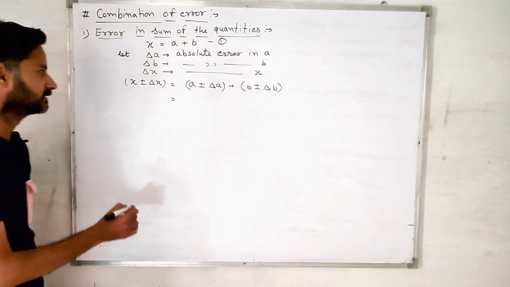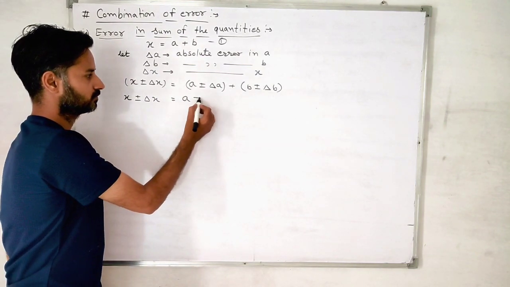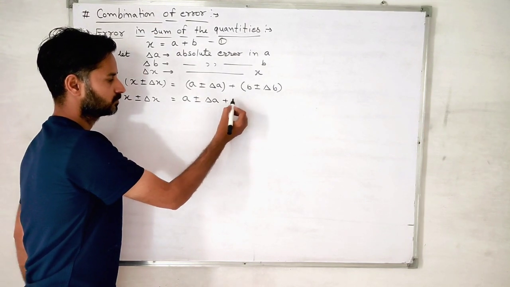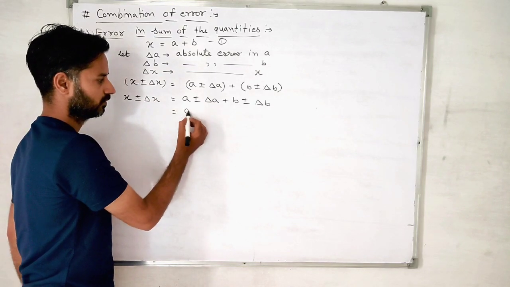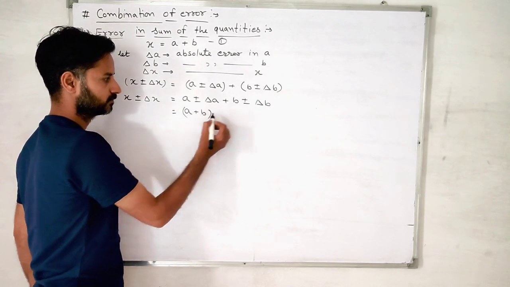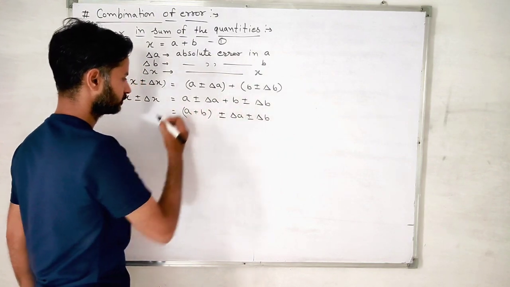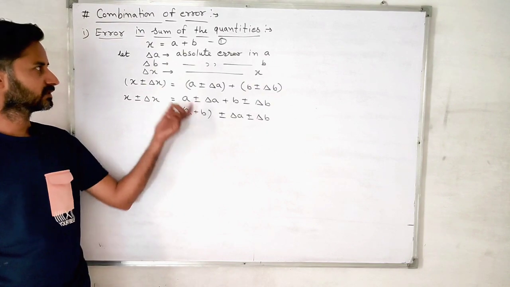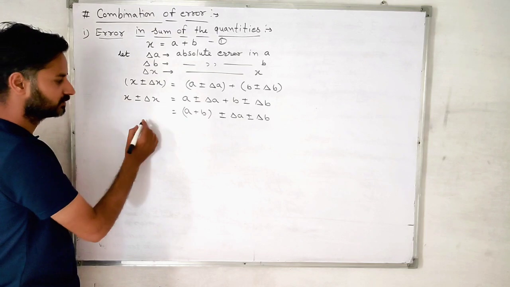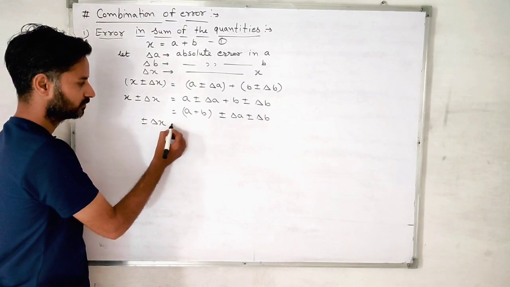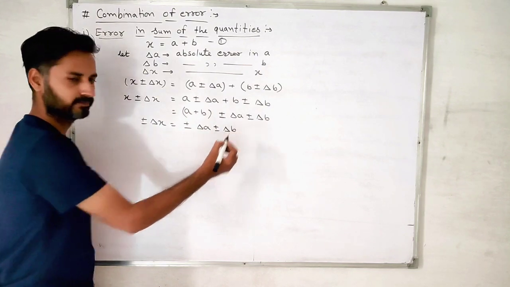Now, if we open this, we get a plus b plus minus del a plus minus del b. Since a plus b is equal to x, x will cancel. So plus minus del x equal to plus minus del a plus minus del b.